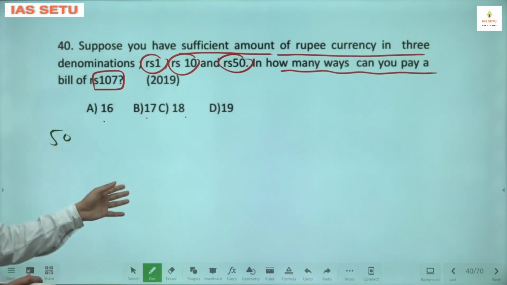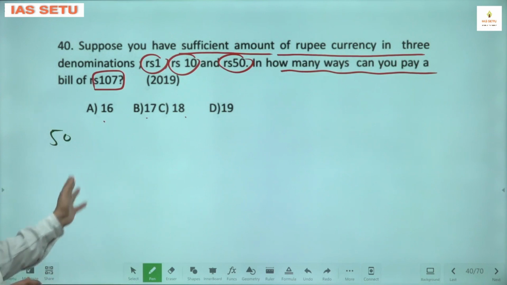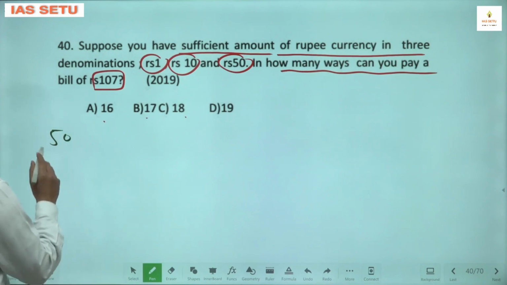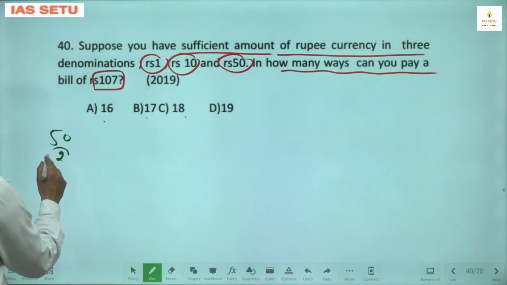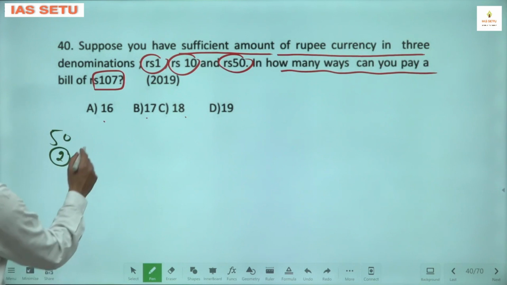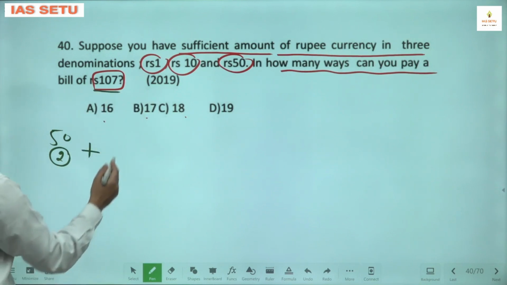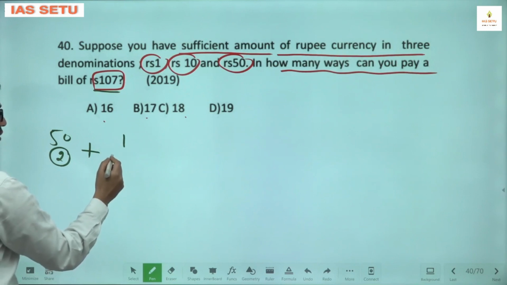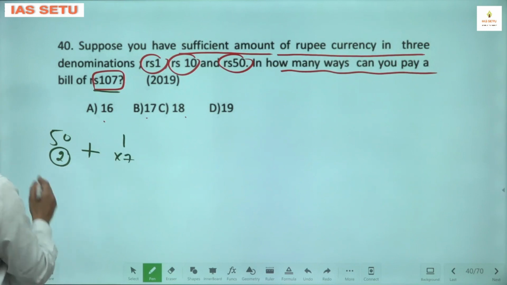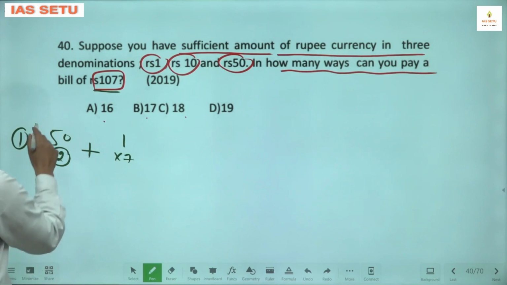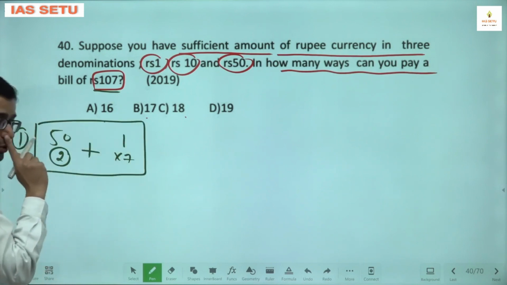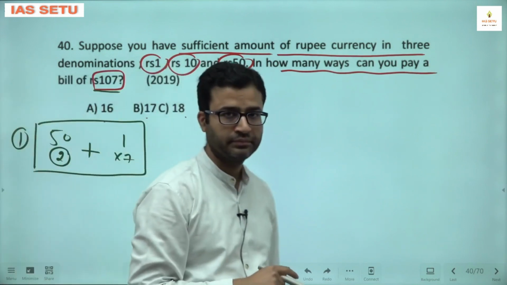So with the 50, I can have a combination of 10 only, or 50 with 1. So I take two currency notes of 50, which means 100 plus. Can I take a currency of 10? No, because I have to pay 107. Then I have to take 1 seven times. So this is one way where I use two currency notes of 50. One way only.